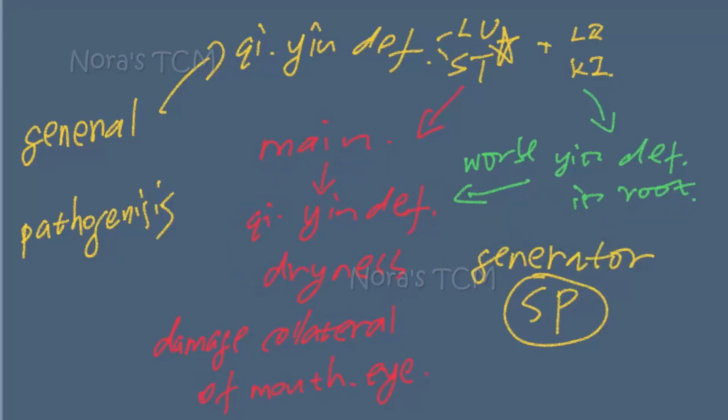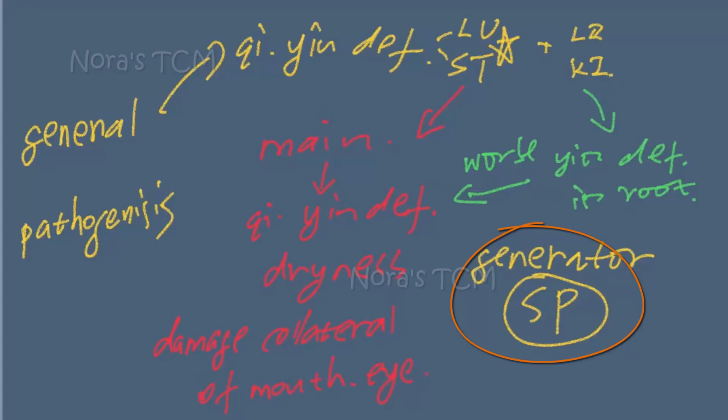So generally speaking, qi and yin deficiency in lung and stomach to form the dryness is the main part in the formation of the pathogenesis of a Sjogren syndrome. But the liver kidney yin deficiency will gradually participate in the formation of the pathogenesis in the developing process of the disease.